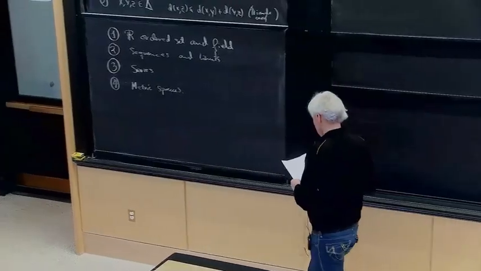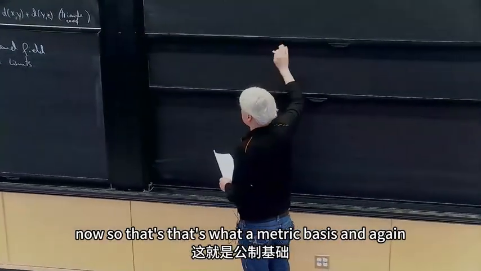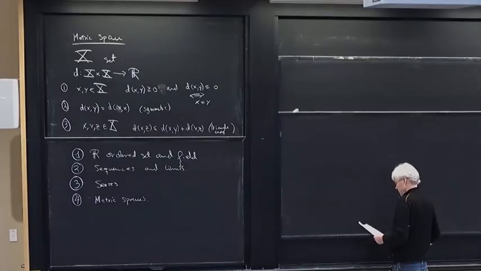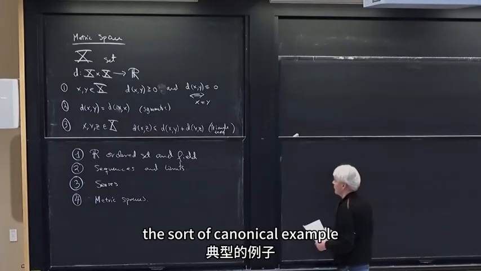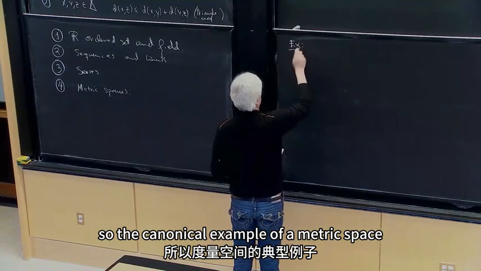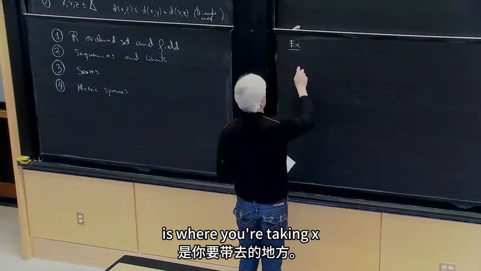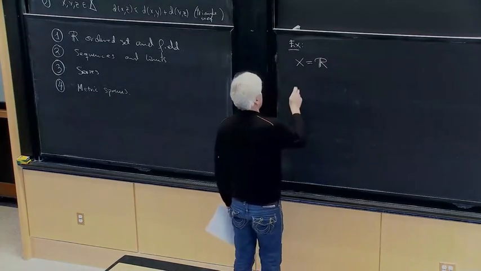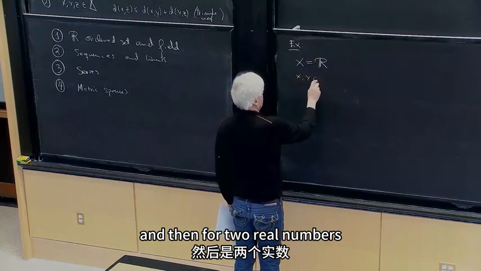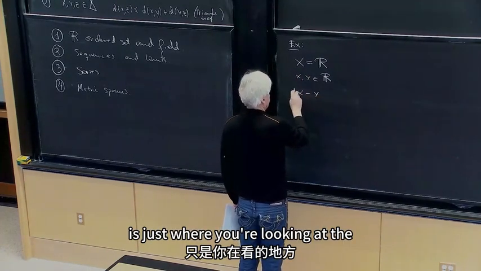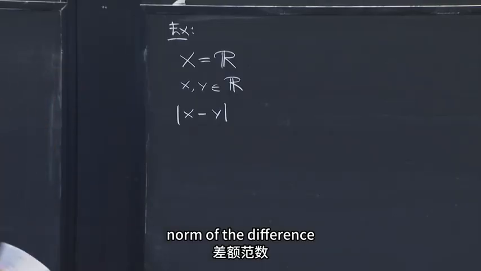Okay. Now, that's what a metric space is. And again, the canonical example of a metric space is where you're taking X equal to the real numbers, and then for two real numbers, the distance between them is just the absolute value of the difference.